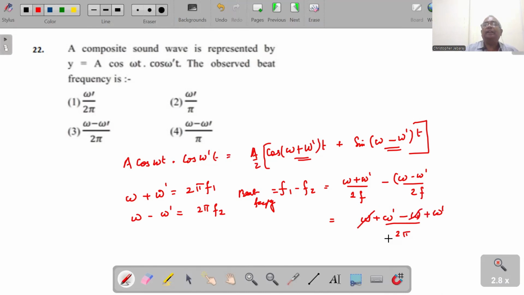Omega minus omega gets cancelled. So the answer is 2 omega dash by 2 pi, which is omega dash by pi. It's coming common for all the cases. So the answer is omega dash by pi. This is the beat frequency.